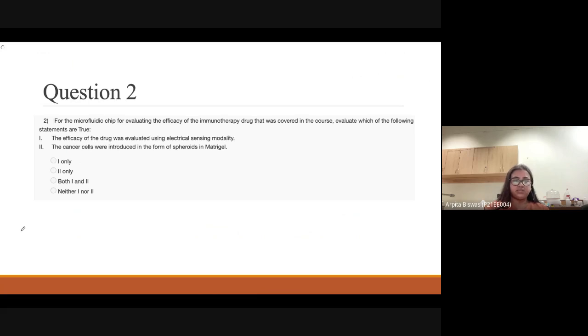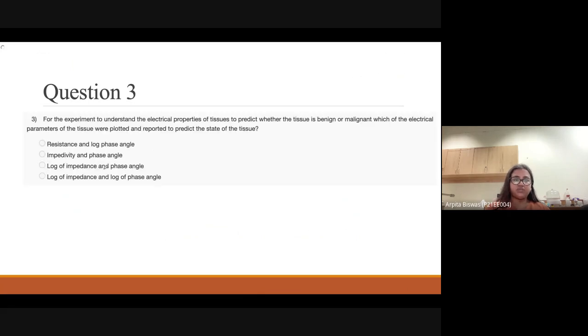So what is the right answer? So the right option is option 2 only. The cancer cells were introduced in the form of spheroids in matrices.